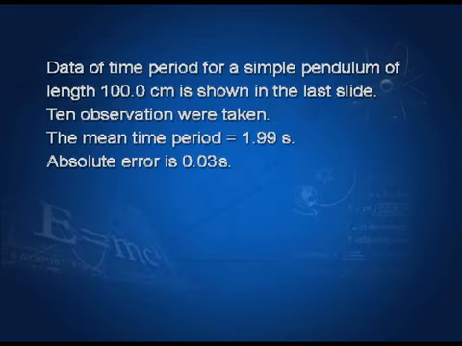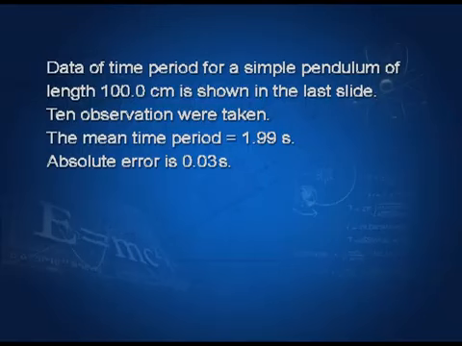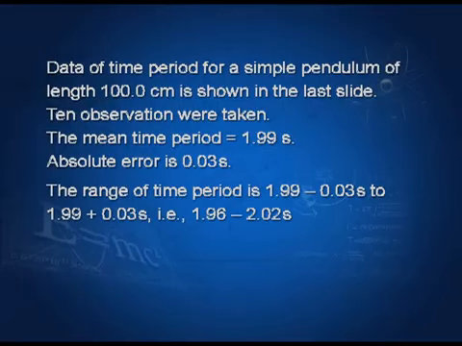Here I repeat again, data of time period for a simple pendulum of length 100.0 centimeter is shown in the last slide. 10 observations were taken, the mean time period is equal to 1.99 seconds, absolute error is 0.03 seconds. The range of time period is 1.99 minus 0.03 to 1.99 plus 0.03, that is, the actual time period lies somewhere between 1.96 and 2.02.